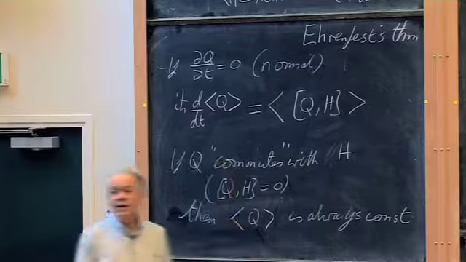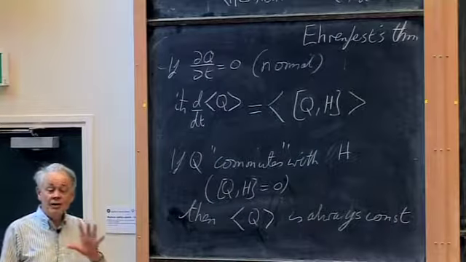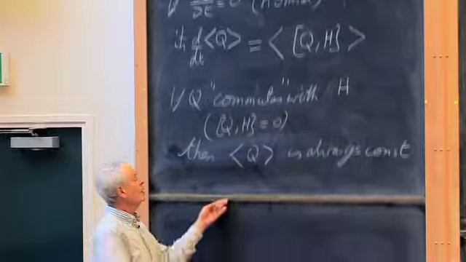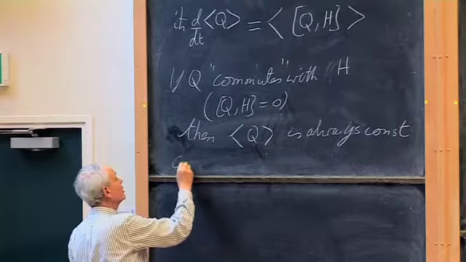And physicists are always very excited by quantities which are constant. So what do we call it in classical physics? We'd call it a constant of motion.